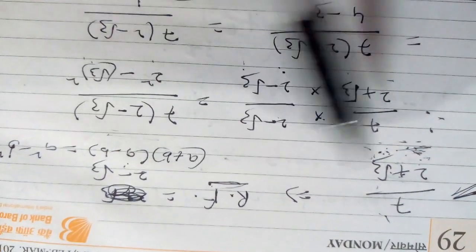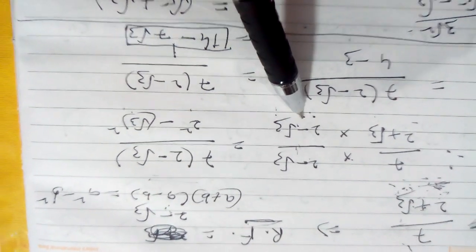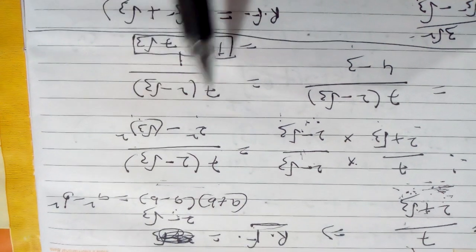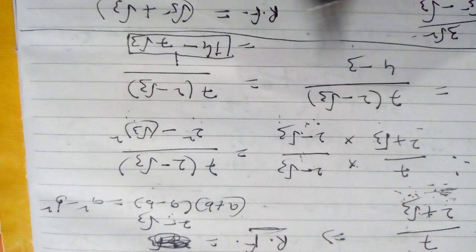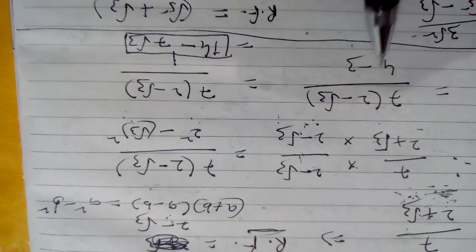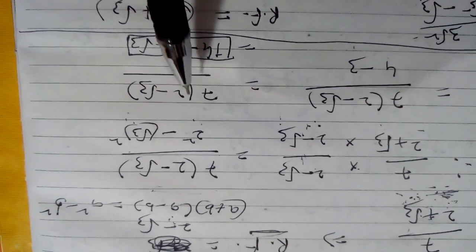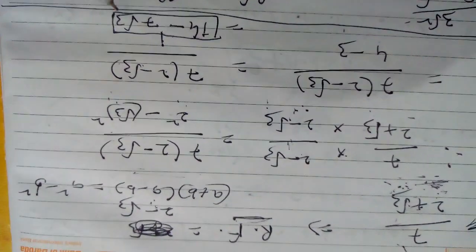So the opposite sign of this will be the RF. Multiply the numerator and denominator by this. You get 7 into 2 minus root 3 in the numerator, and the denominator a square minus b square. What is your answer? 7 and in the bracket, 4 minus 3, which is 1. So 7 into 2 minus root 3, open the bracket, your final answer is this.